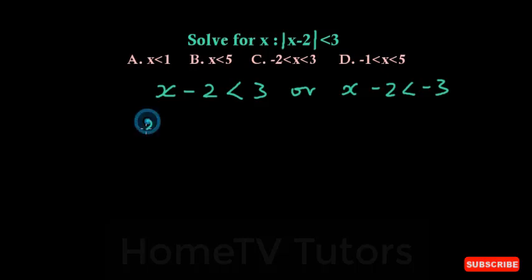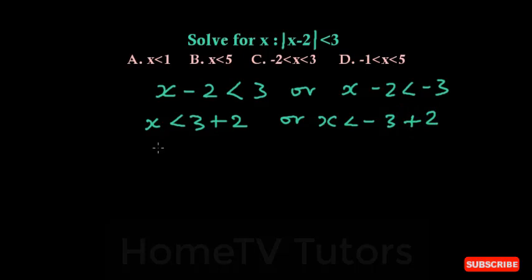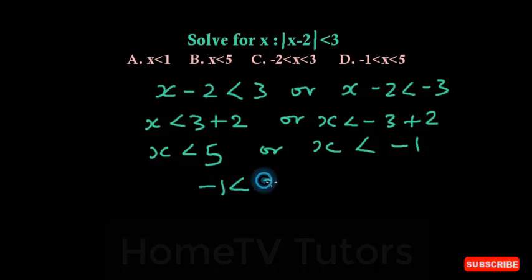That is x less than 3 plus 2, or x less than minus 3 plus 2, so x less than 5 or x less than minus 1. That is minus 1 less than x less than 5, and that tallies with the answer option D.